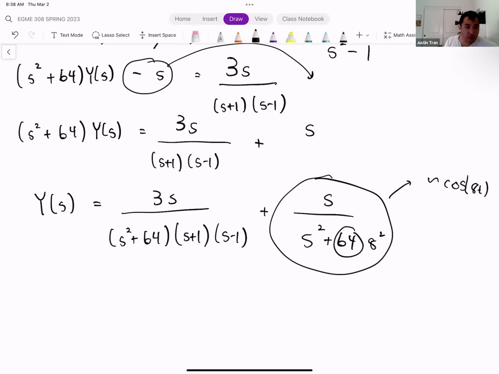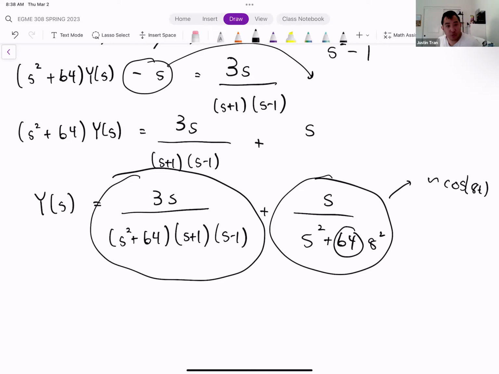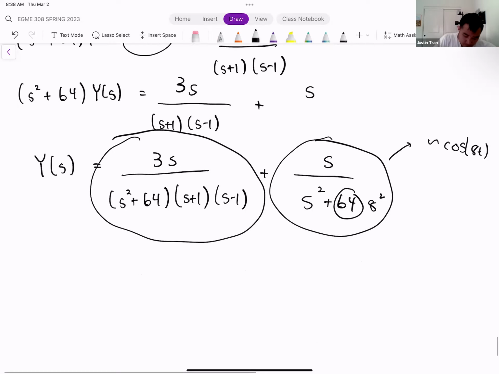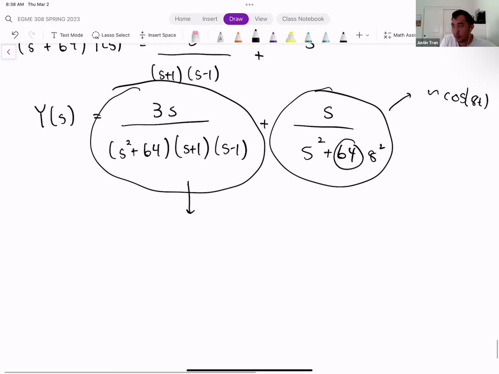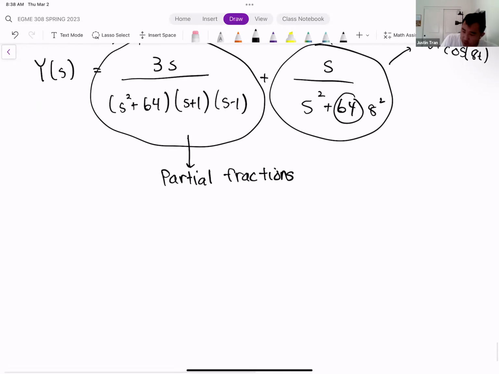Of course, the big question here is going to be this term right here. To work on this one, we need to do partial fraction decomposition, and that's where probably the bulk of the work is for this problem. I'll start it for you, but I want to make sure I have enough time to cover impulse functions today.